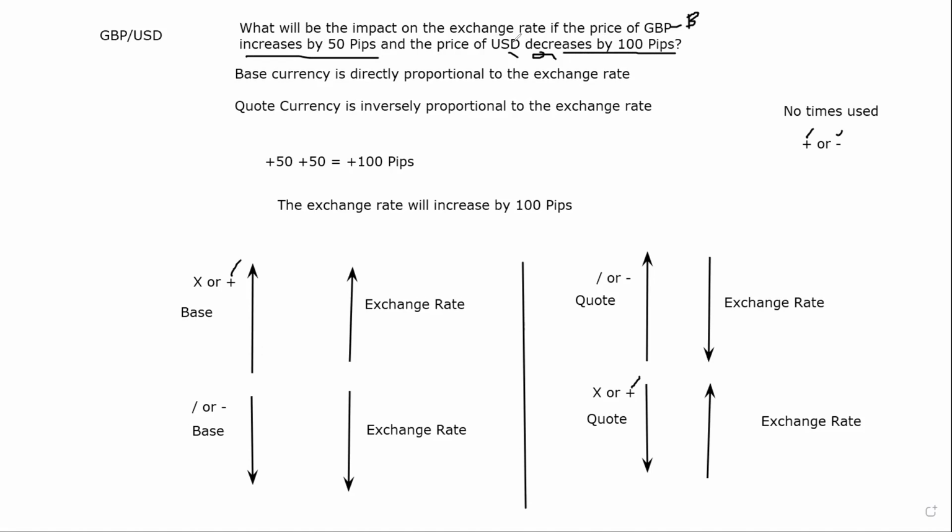And the USD, the quote asset, is decreasing, so we also use the plus operation. So the answer would be plus 50 and plus 100, which is 150 pips. The exchange rate will increase by 150 pips.